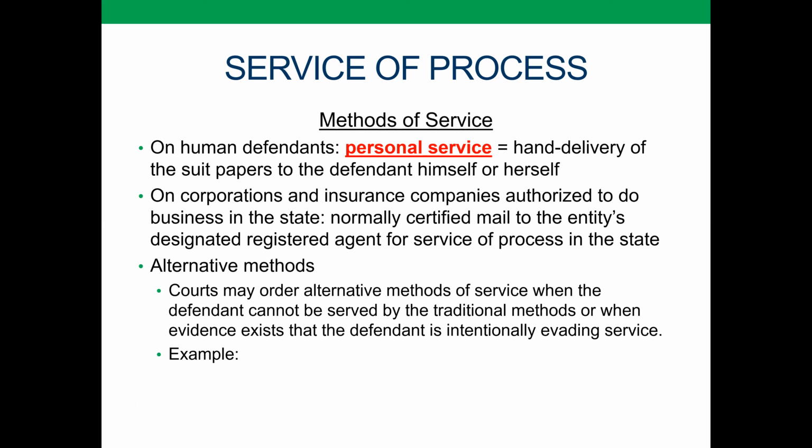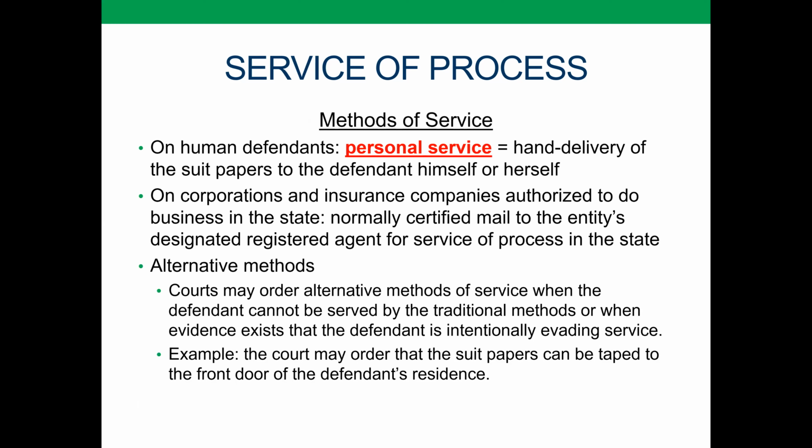So the plaintiff's attorney may then file a motion and ask the court to authorize some other method. And one method for human defendants, anyway, that is commonly authorized by courts is to have the process server simply tape the suit papers to the front door of the defendant's residence.